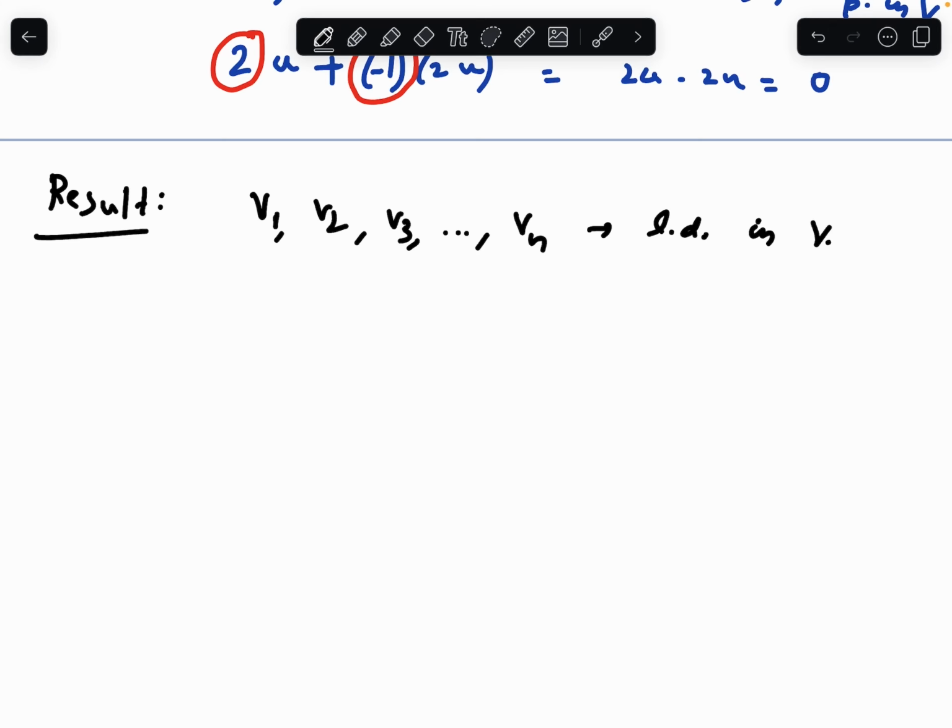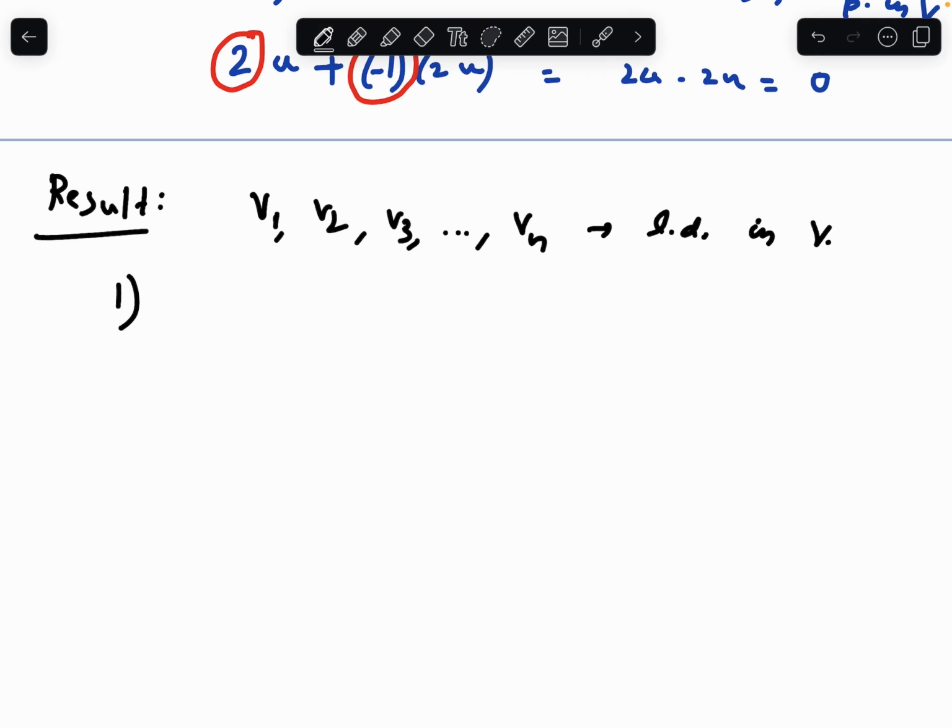Then there is an element vk among these vectors which can be written as a linear combination of the vectors which are coming before it.